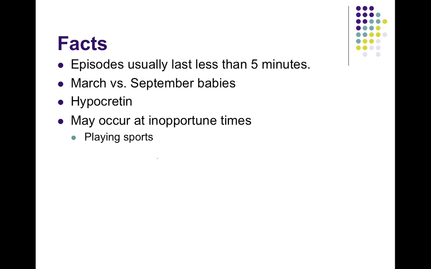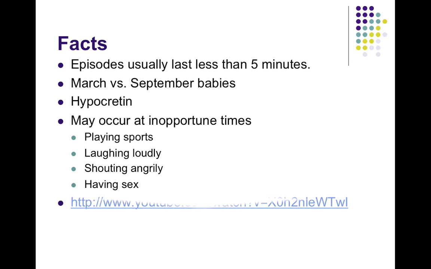Some interesting statistics on the studies done with people suffering from narcolepsy involve March versus September babies. Mothers who were pregnant during their second trimester, the critical period for exposure, had increased exposure to the cold and flu virus during that cold and flu season. So they found that March babies had a higher susceptibility to narcolepsy.